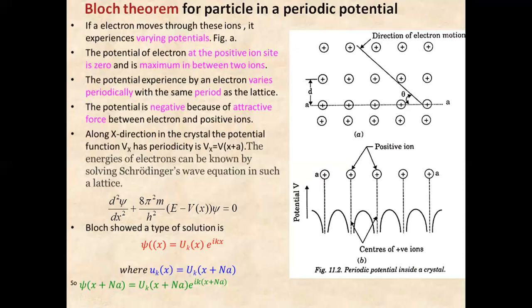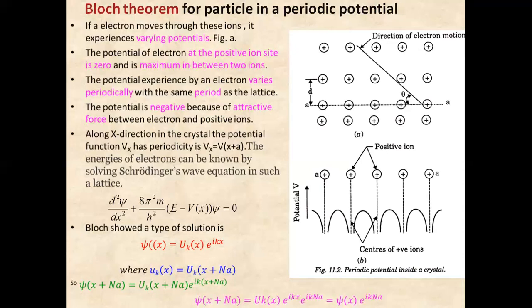The psi k of x is equal to uk of x into e power of ikx. That is, psi k of x plus na is equal to uk of x plus na.